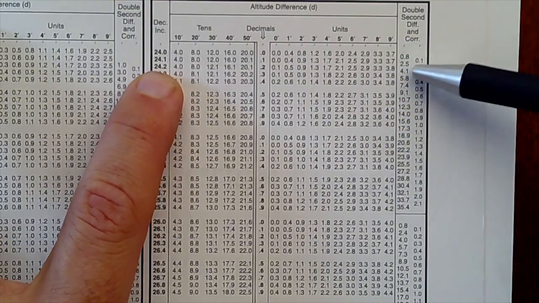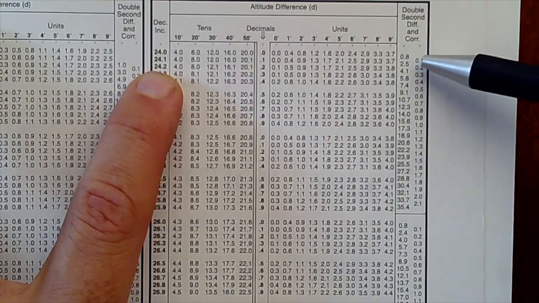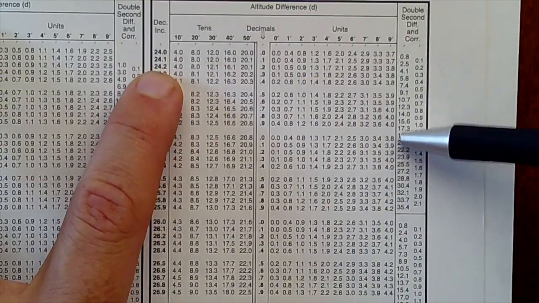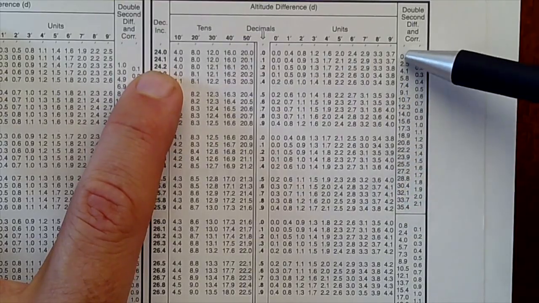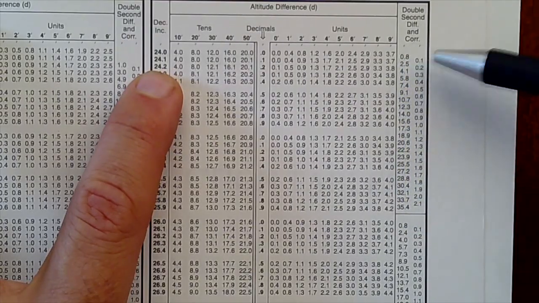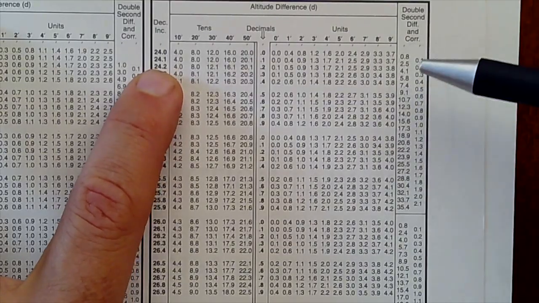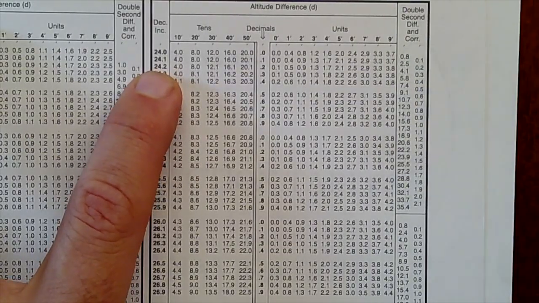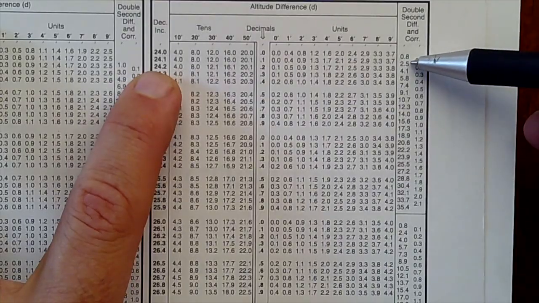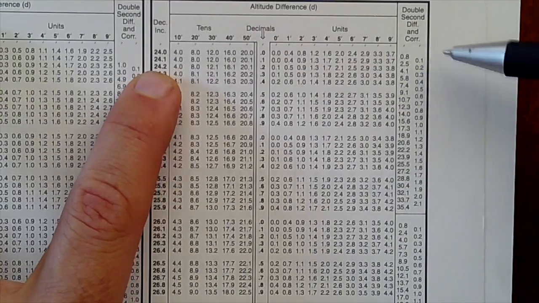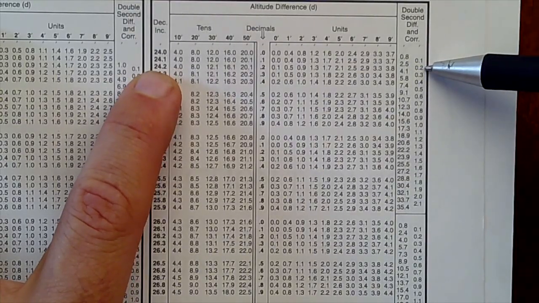And then we're going to use this almost like it's a dip table from the Nautical Almanac. Along the left are bracketing values. You find where yours falls in there, and then you apply the correction listed here. So we said that our factor was negative 4.0, which is going to fall between the 2.5 and the 4.1. So our correction is going to be a 0.2, which is always added. So regardless of the sign, the double second difference is always added.